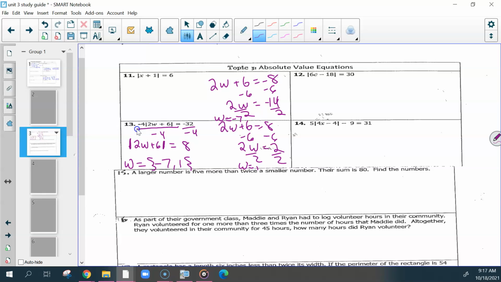Yes, so anytime you have absolute value signs, you have to take this and make it a positive and a negative. Remember, it measures distance, so it's the positive and negative version of it.